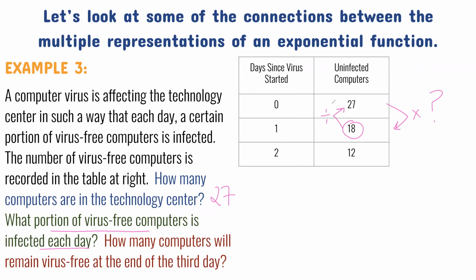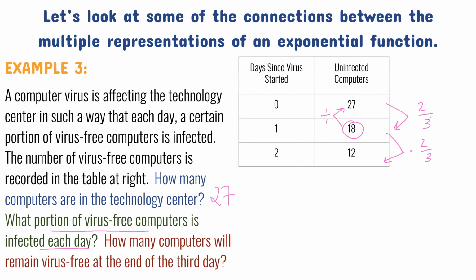And if I do 18 divided by 27, I get 0.6666666 forever, which is 2/3. So my multiplier is 2/3. And I want to make sure, so if I multiply by 2/3 again, I should get 12, and I do.